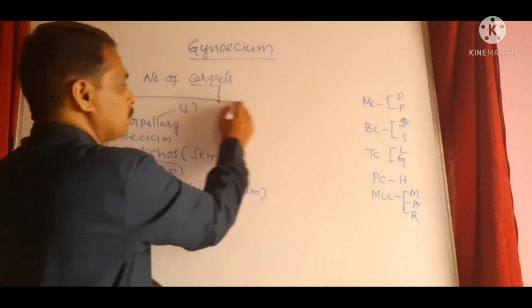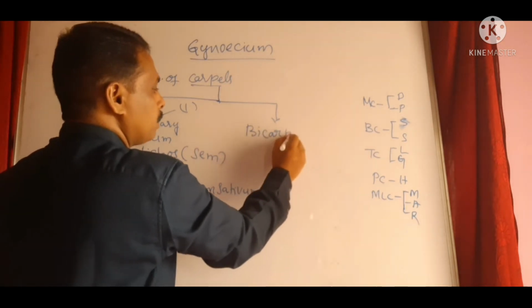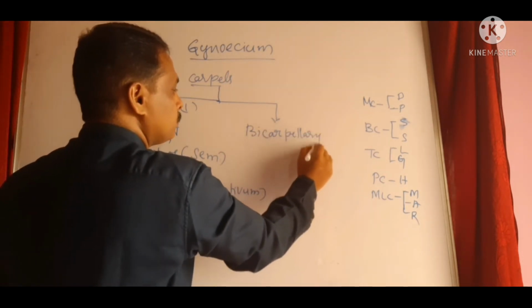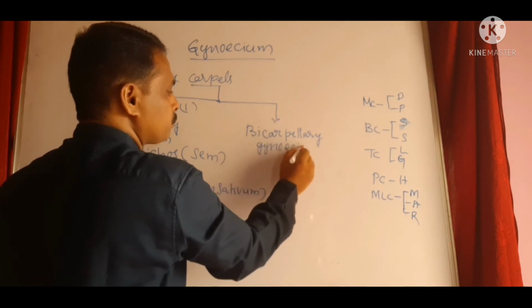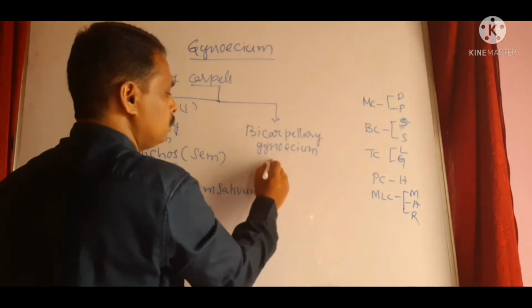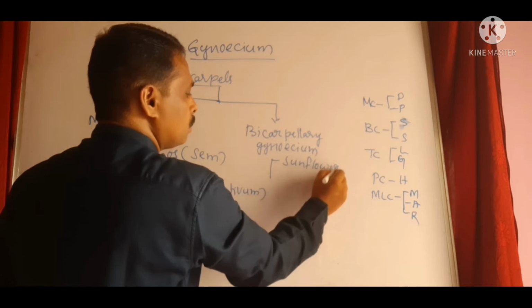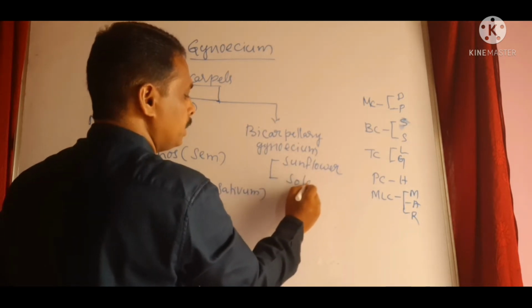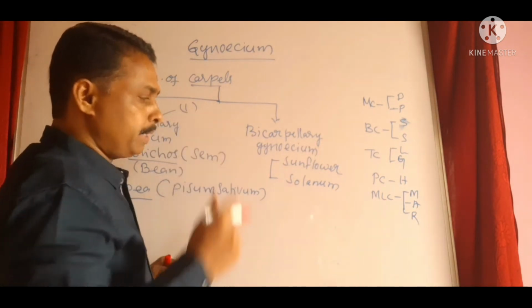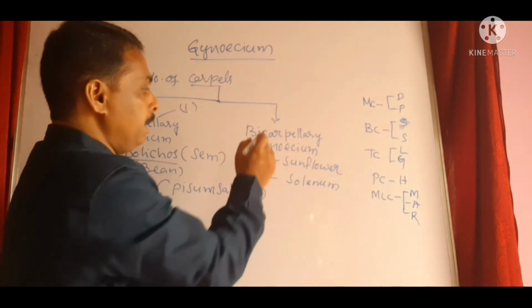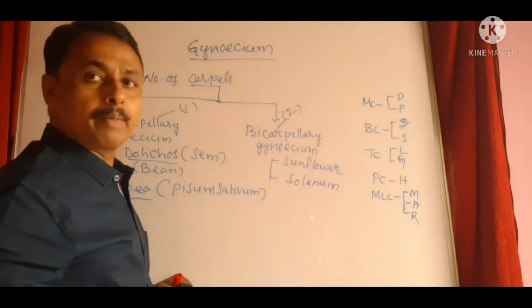The next one is bicarpellary gynoecium. Examples are sunflower and Solanum. Here in this gynoecium there are two carpels present.